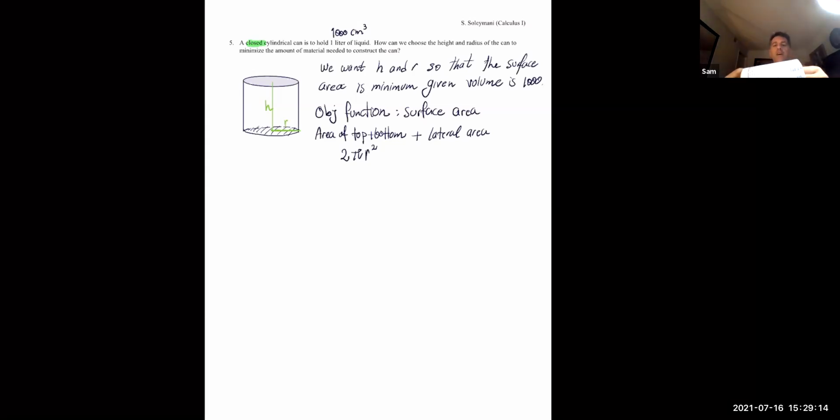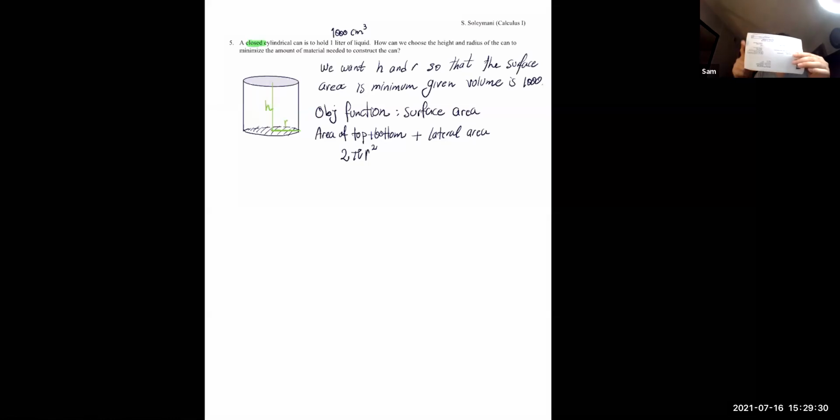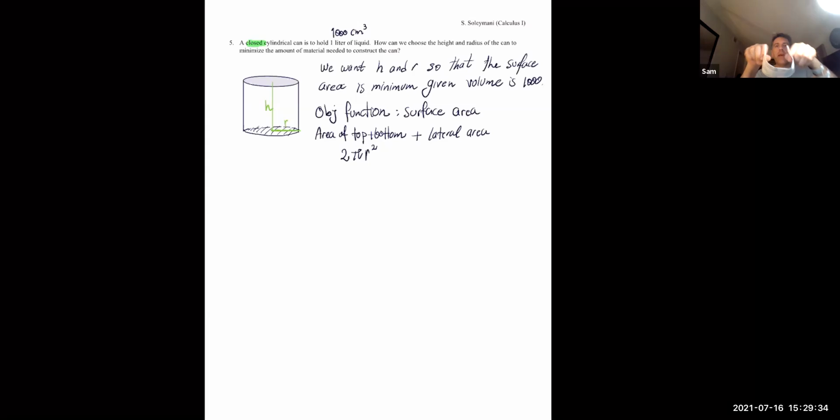Okay, cylinder. All right, open it up. It becomes a rectangle. Okay, so very easy. Now, the area of a rectangle is length times width. Okay, so how do you get this length?